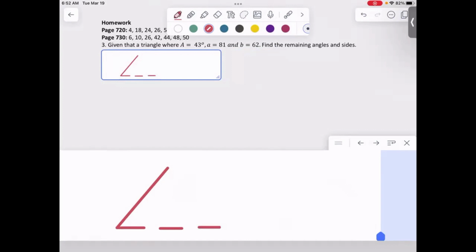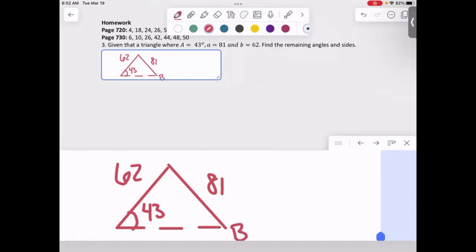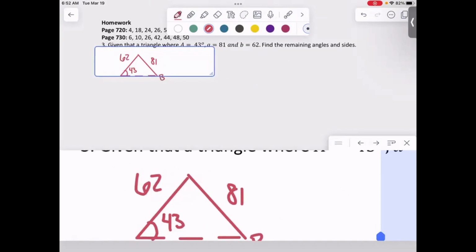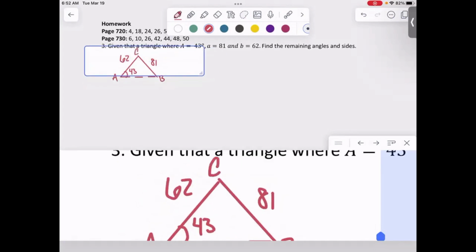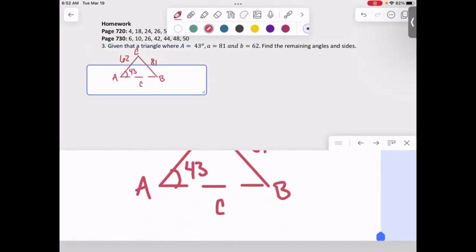So A is 43, side A is 81, and B is 62. It wants me to find all the remaining sides. So this is A, that's B, this is angle C, and this is side C. Okay, so now we have our triangle.